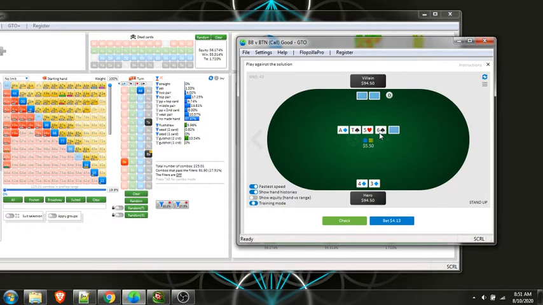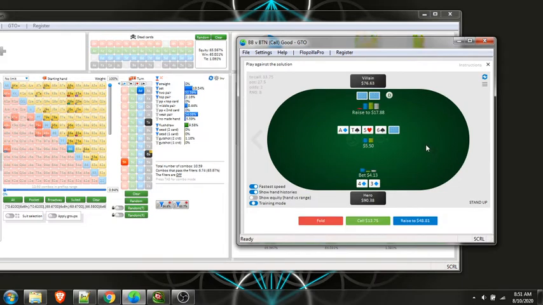Okay, we got the open-ended. No diamonds. Still around 35%. Oh, it does say to bet. Okay. And now we're in trouble. Fold.